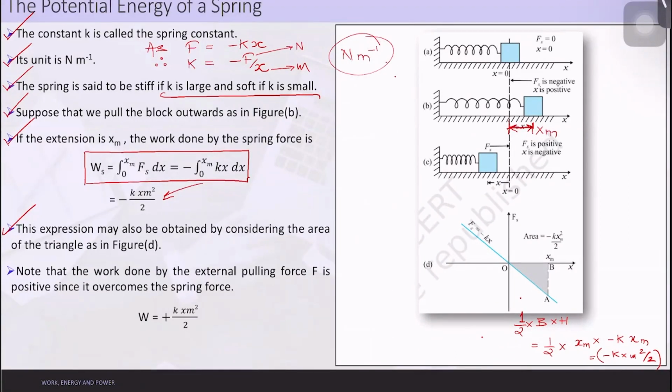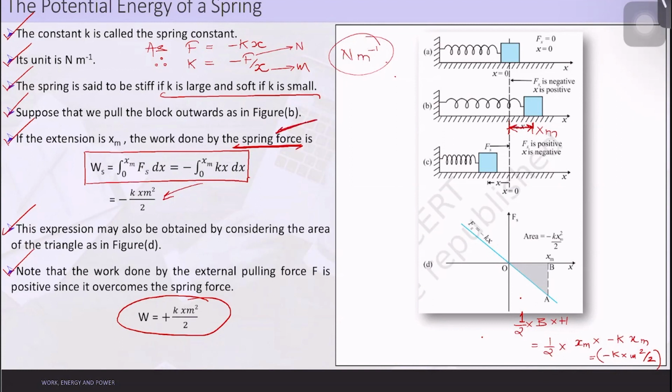Next, note that the work done by the external pulling force F is positive since it overcomes the spring force. If you are pulling something, please remember that only the direction is reversed. Questions can be asked in this similar manner and you can make mistakes here, so please understand this very carefully.